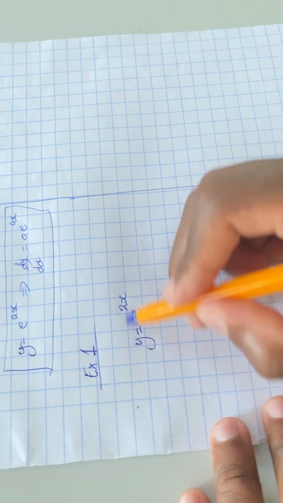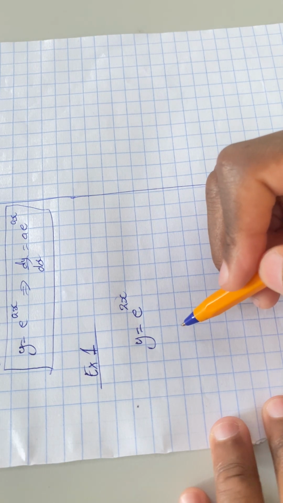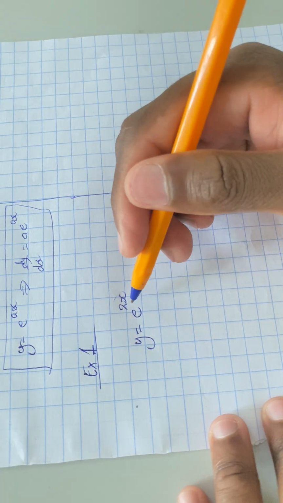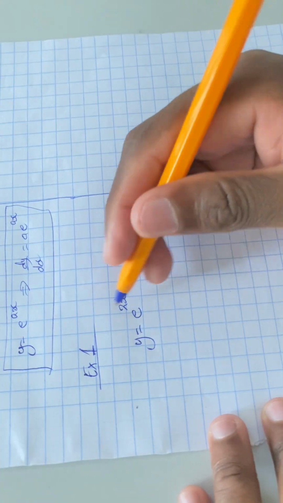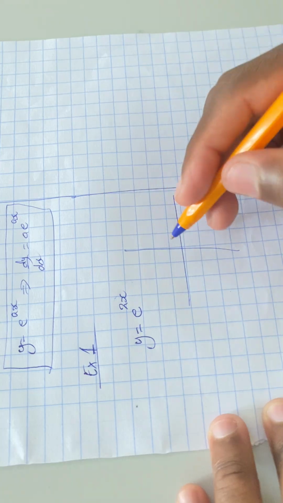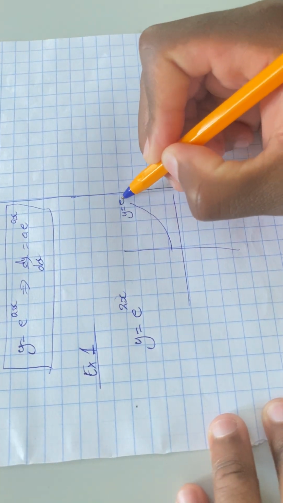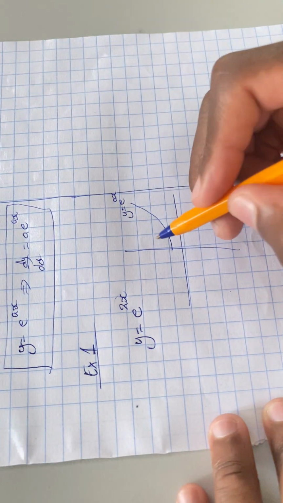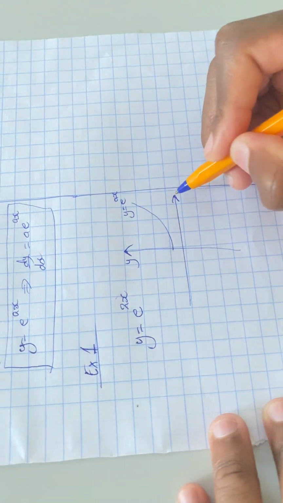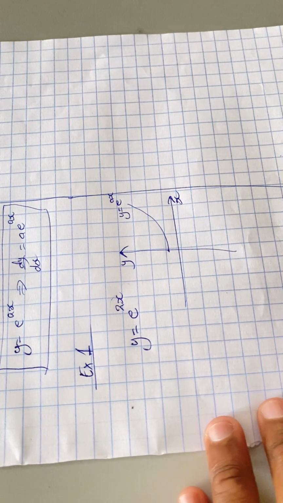And by the way, you guys know the nature of this function, the nature of an exponential function, y is equals to e to the power ax, right? This is the nature of an exponential function.